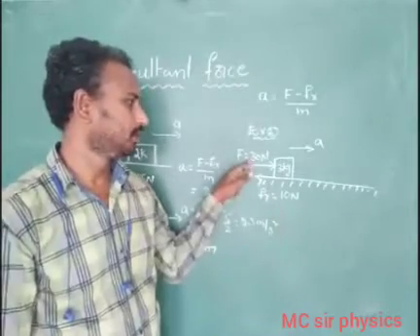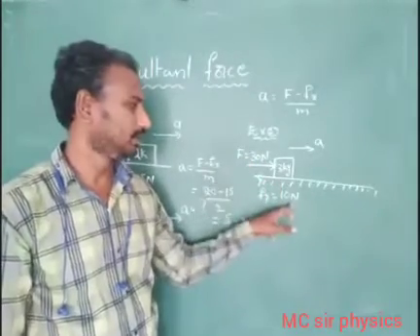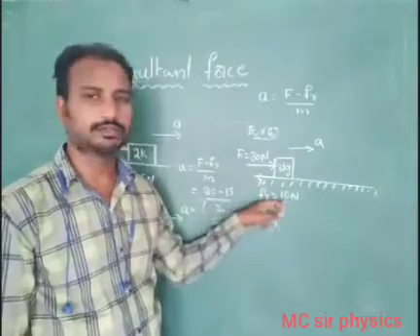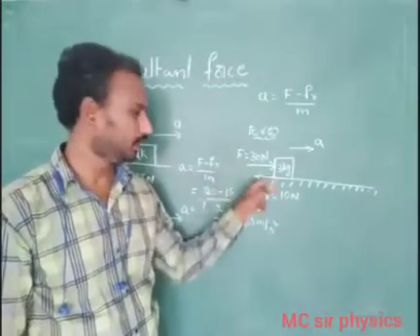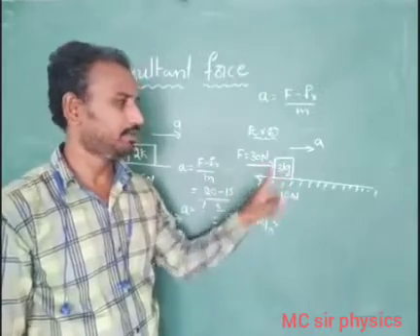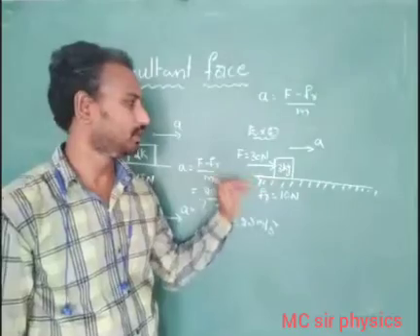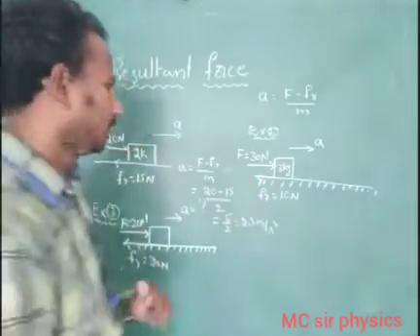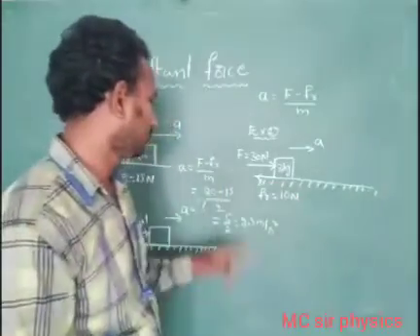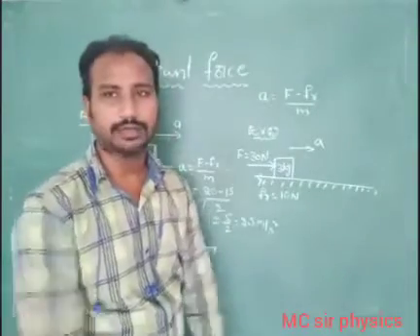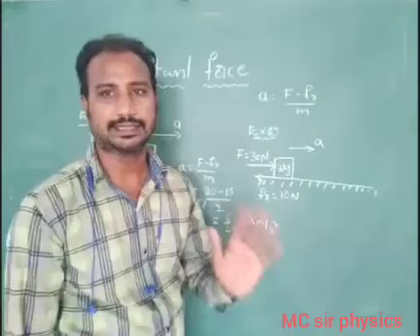Very simple. Here external force is 30. Frictional force is also an external force, but its direction is opposite to the 30 Newton. 30 minus 10 divided by 3. 30 minus 10 is 20, 20 by 3. The value is 6.666.